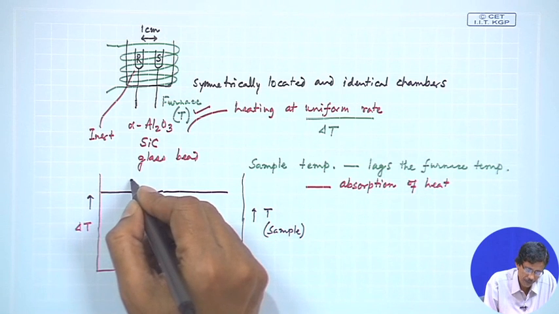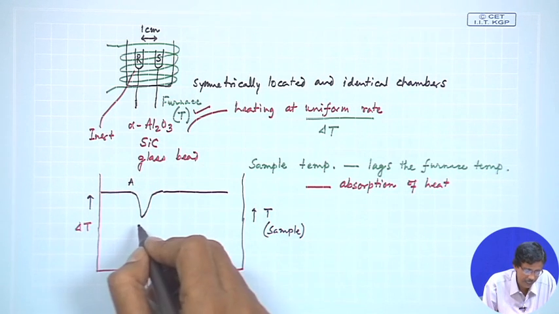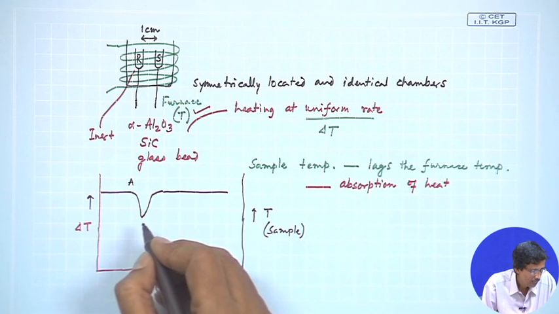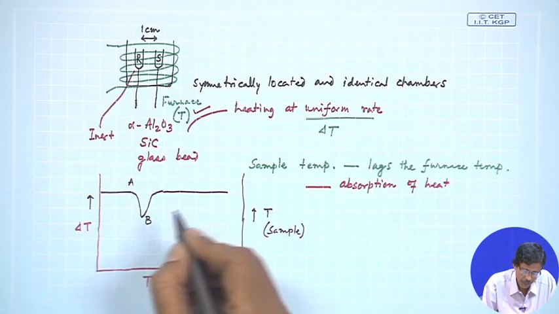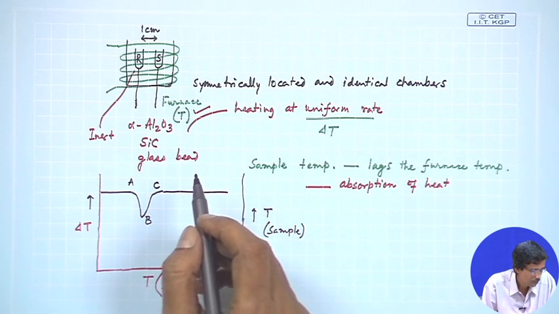It starts giving a lower value of delta T, then it goes to the minimum B, and then again it goes up and gives you the C.